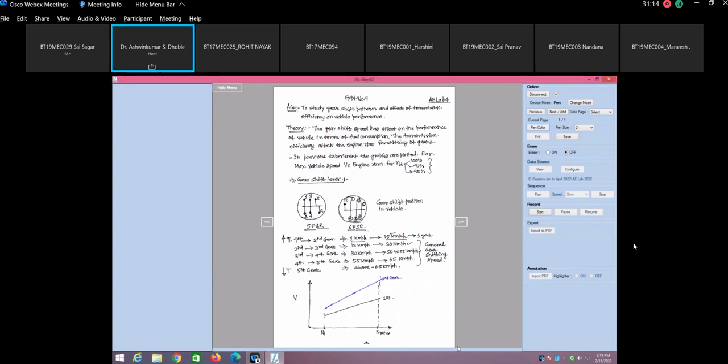Let us say that you started here, you are moving along this line and you reach here. And let us say that this speed is 15 kmph. You are here, driving in first gear. Now you have reached here and the speed is, let us say, 15. Now you have to shift to the second gear. So how do you shift?